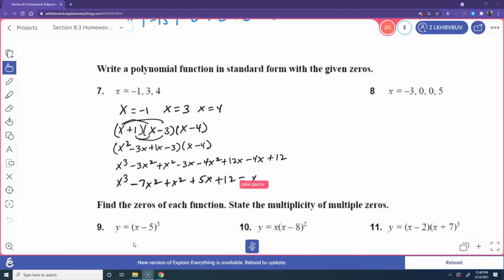So our answer is going to be x cubed minus 6x squared plus 5x plus 12.